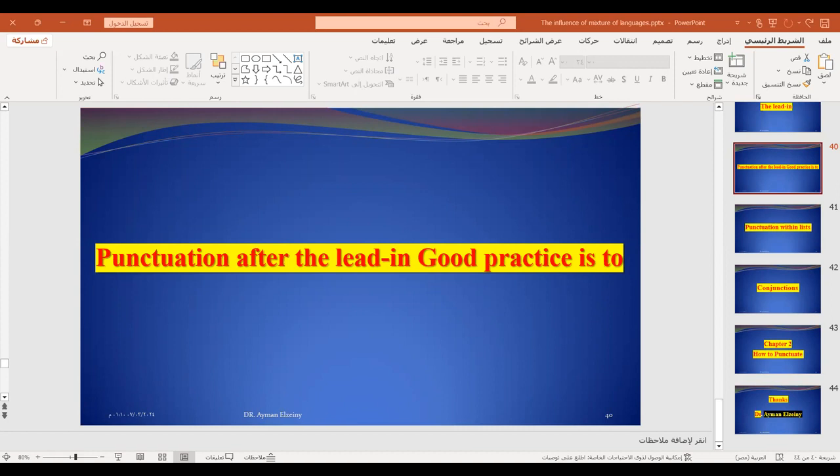Excessive listing can make the sentence even harder to understand because its constituent parts are over-shredded.